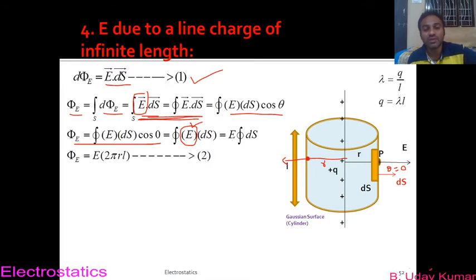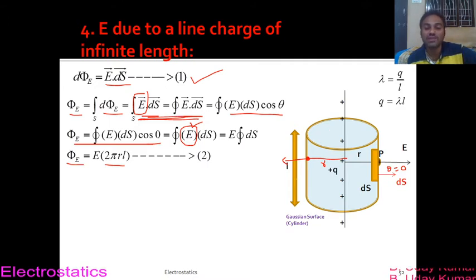If I do it, I get E integral ds. So now phi E, the total electric flux, becomes E times integral ds, which is the curved surface area of this Gaussian cylinder. Remember, this is the curved surface area. The curved surface area for a cylinder is given by the formula 2 pi rl, where r is the radius of the cylinder and l is the length of the cylinder.